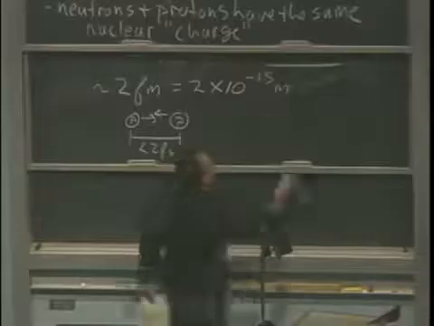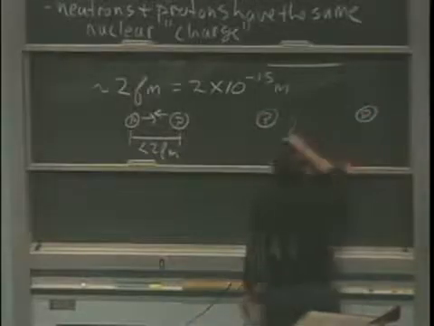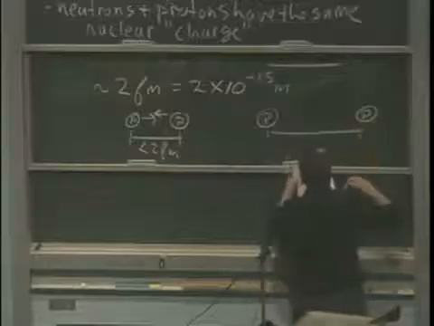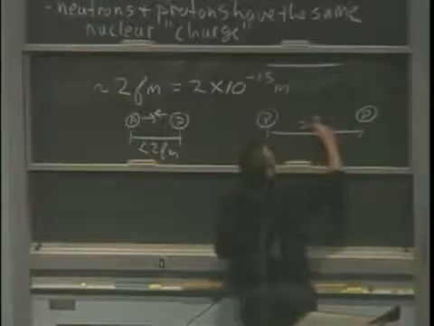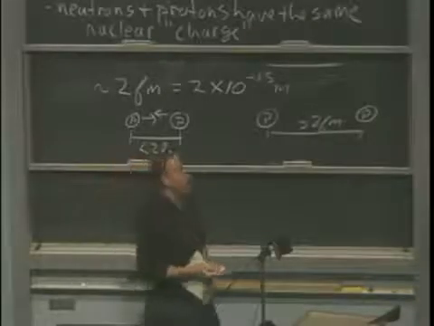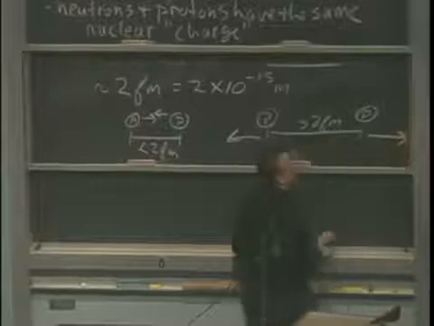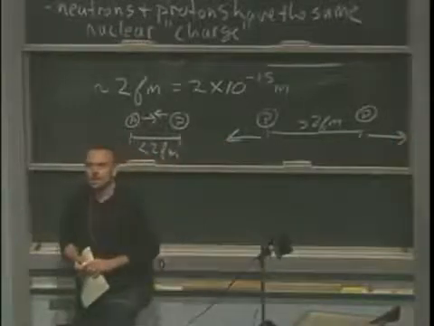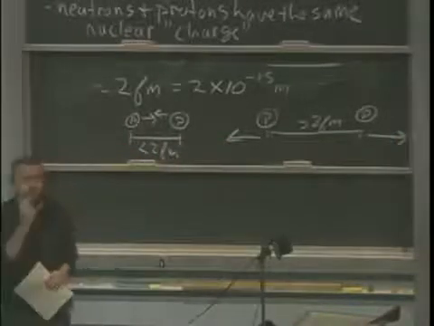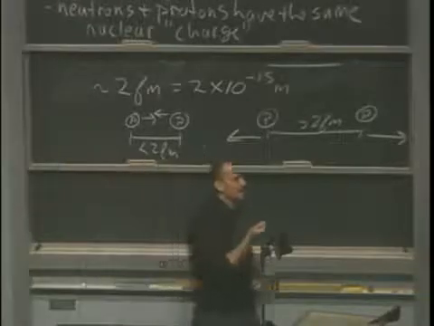Okay? But once those protons become separated by a bigger distance, greater than that 2 femtometers, then the strong force disappears, and those protons are going to repel each other very strongly with just their electrostatic repulsion from the fact they have identical charges.